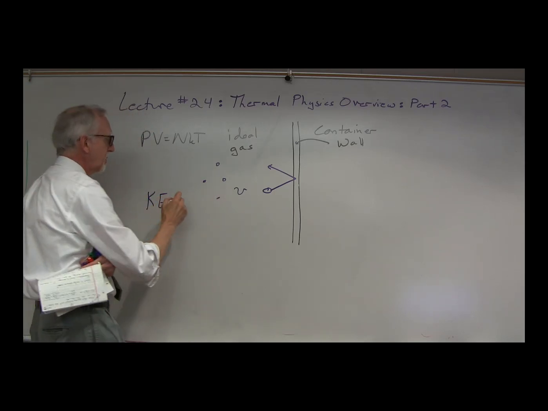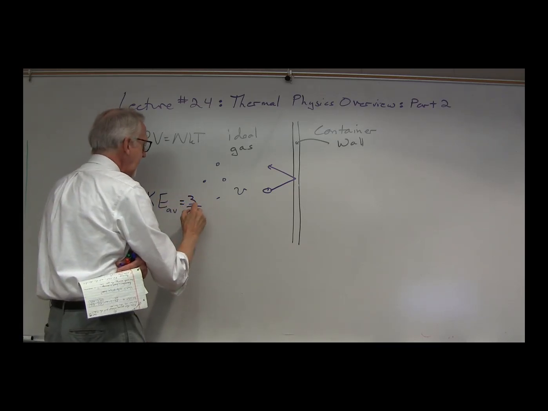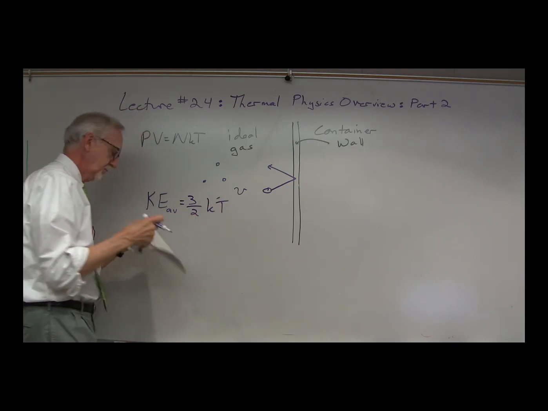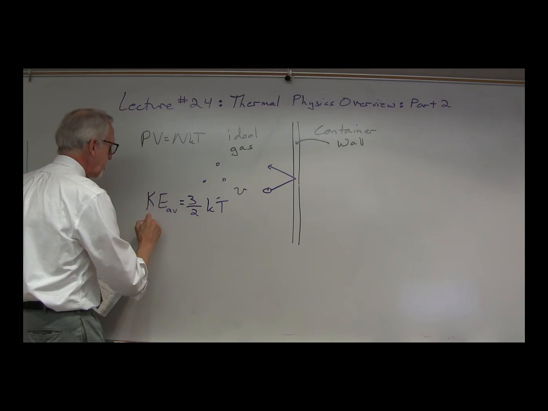And it turns out that the average kinetic energy of each particle is actually related to some of these quantities. It's 3/2 kT. This is the average energy per particle.